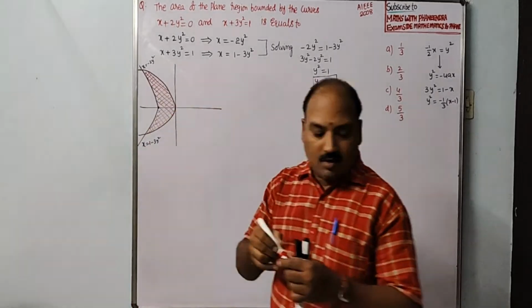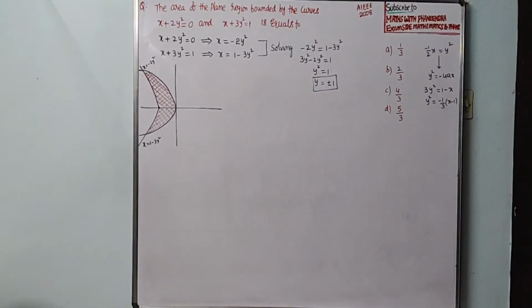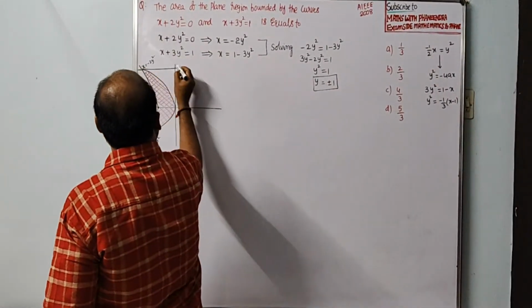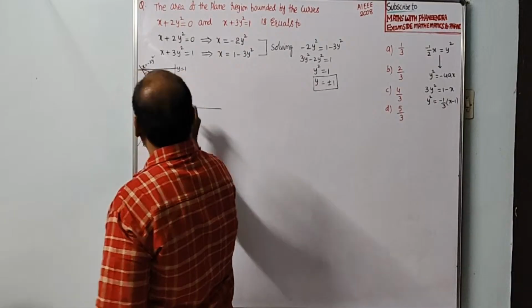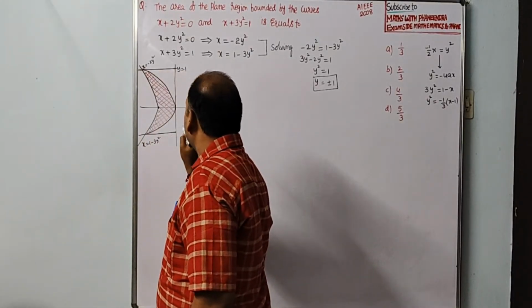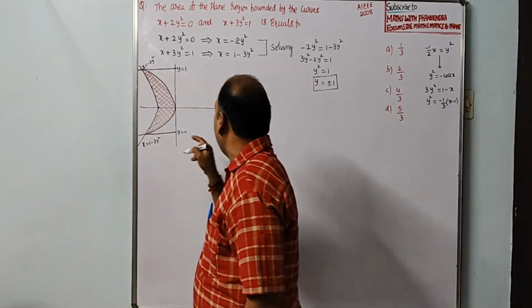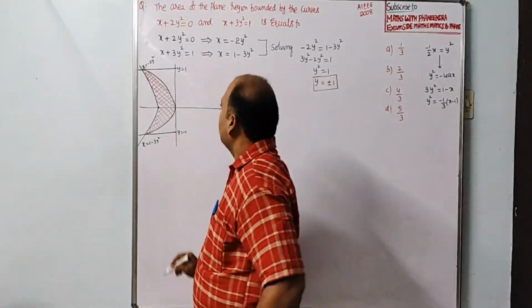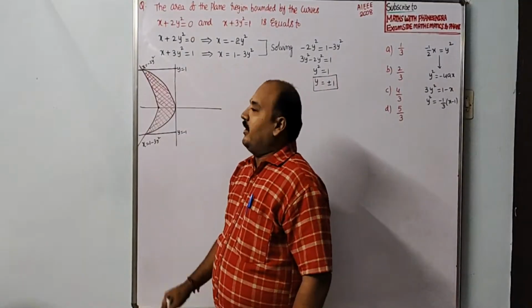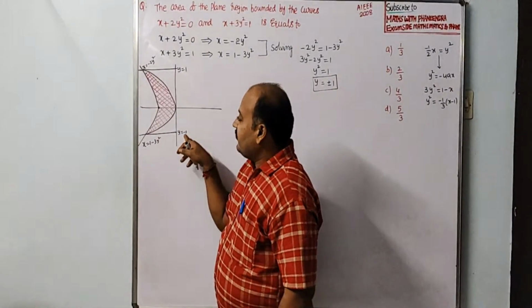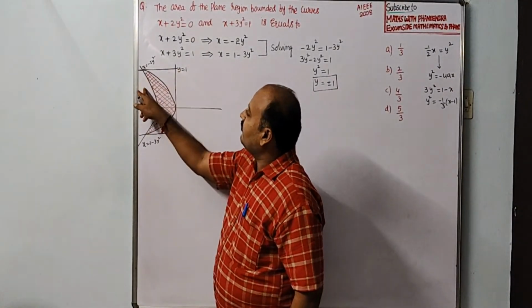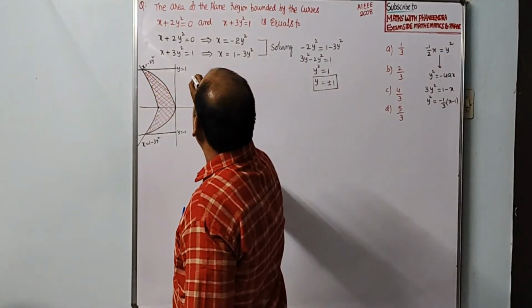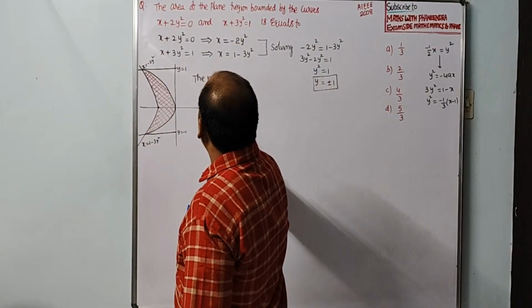This curve point of intersection is y is equal to 1. This point of intersection is y equal to minus 1. We already said now here y equal to plus 1, y is equal to minus 1. So this area bounded by the lines minus 1 and plus 1 within the two parabolas is the required area.